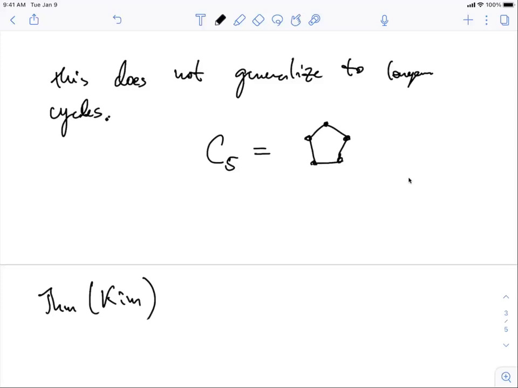It says, if you consider the following graph, which is the triangular prism. So this is gamma.